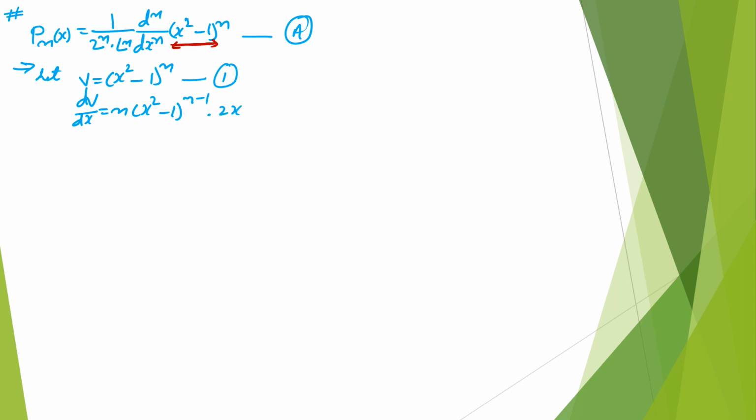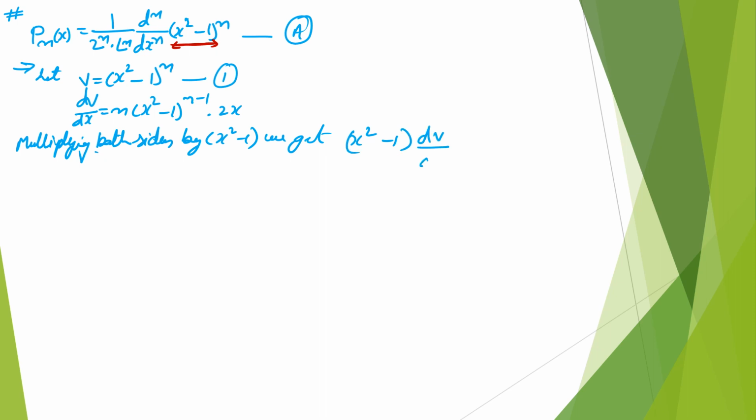Now multiplying both sides by x square minus 1, we get (x square minus 1) dv by dx is equal to 2n (x square minus 1) to the power n times x.